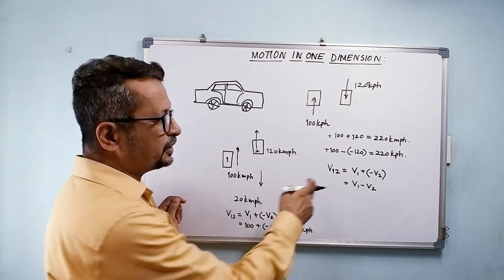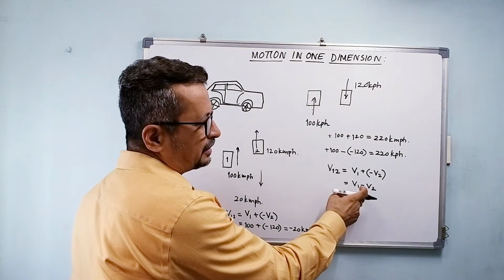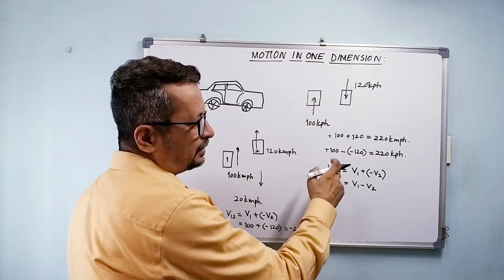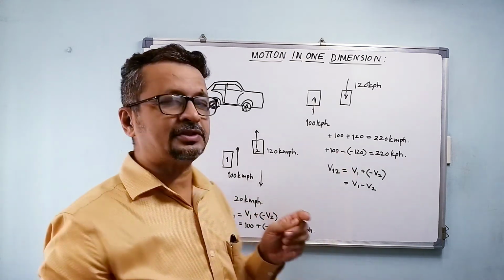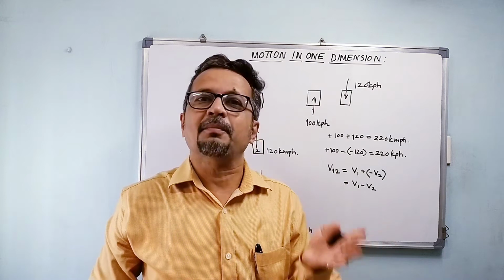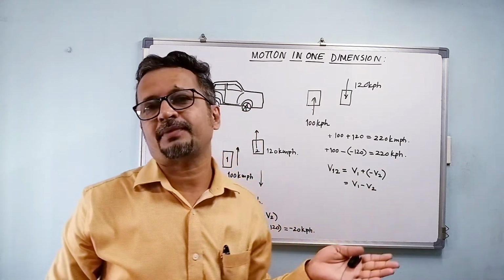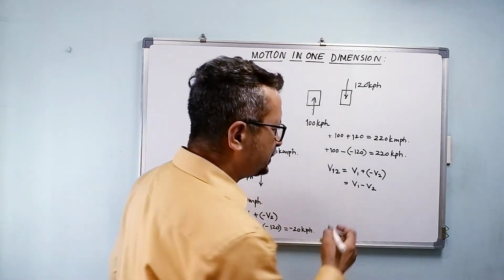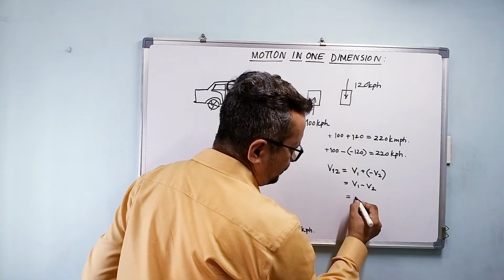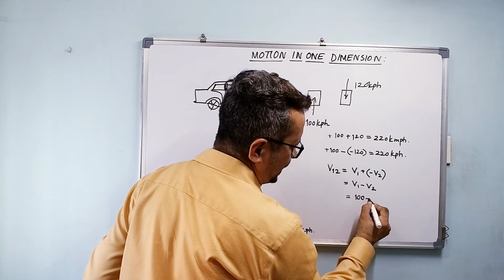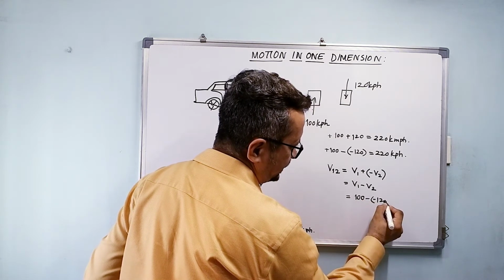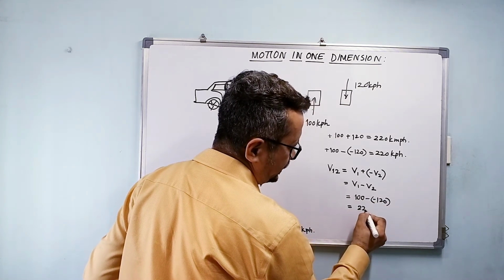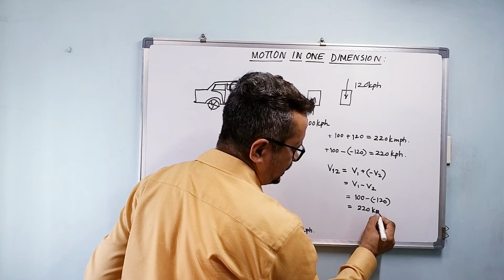Now here, speed of first car with respect to the second. Here you see you have the speed of the other car as minus 120. So obviously minus of minus is going to be plus, isn't it? So you are going to get 100 minus of minus 120, that is equal to 20 kilometer per hour.